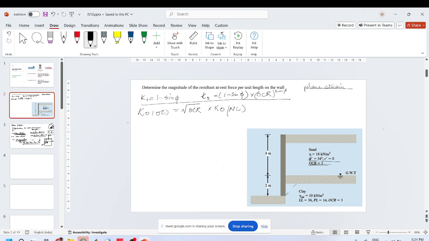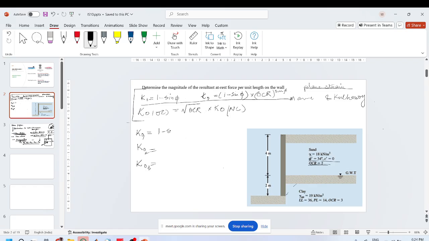And another equation has been given by Mayne and Kulhawy. Let's do one thing. Let us calculate using all three of these equations. K naught value we will calculate and then let us see how much difference in the results we can see. This will be 1, 2, and 3.